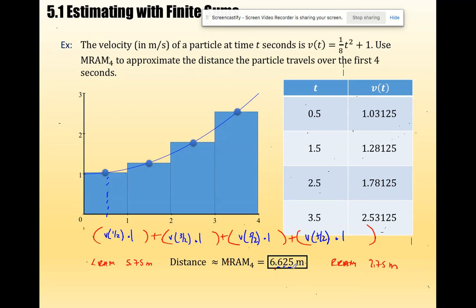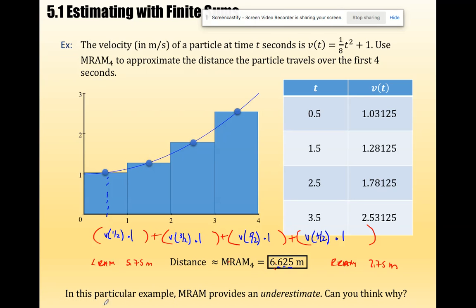Notice that when we were rounding, though, we did put 3 places past the decimal. 5.75 was exact, 7.75 was exact, 6.625 was not. Now, I'm going to tell you that MRAM is an underestimate. It is an under. Right?